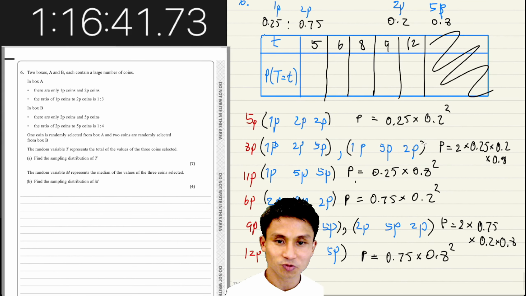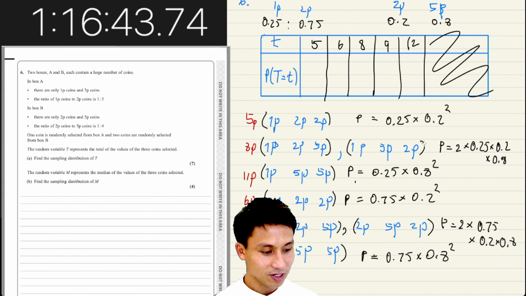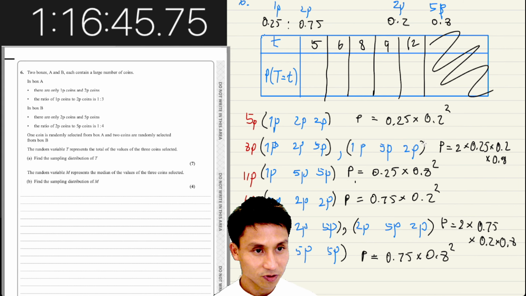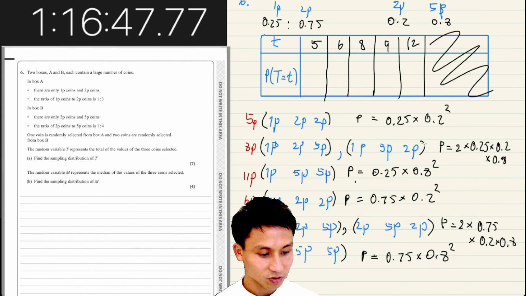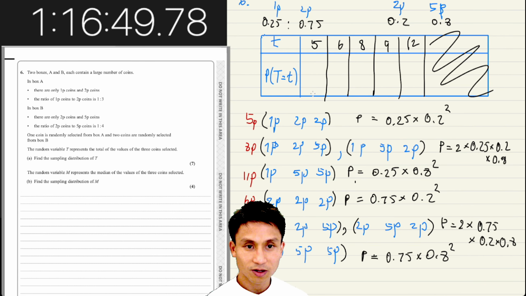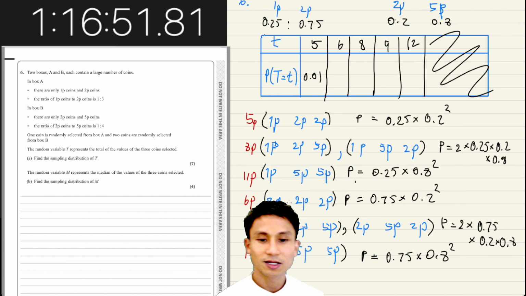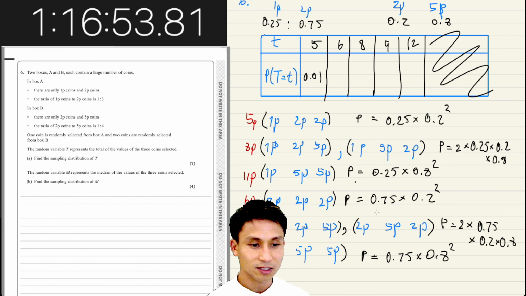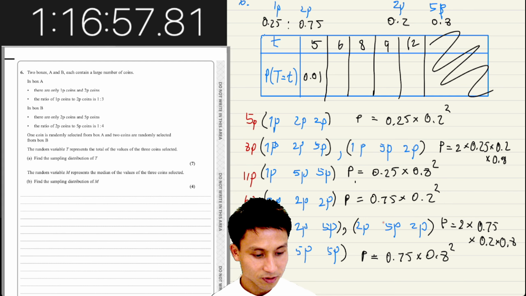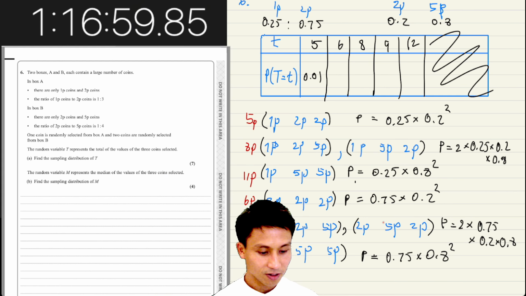Okay, and then let's put in, so the 5 pence must be the top bit, so that's 0.25 times 0.2 squared. We get 0.01. 6 pence would be this guy right here. So that would be 0.75 times 0.2 squared.